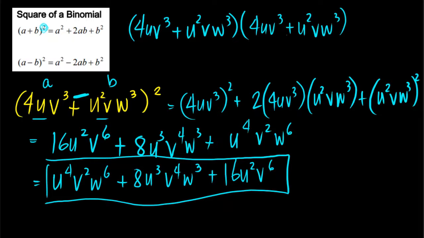Now the next special product is the cube. Similar to squaring, now it's cubing. What if we are asked to answer 3xy squared plus 2yz cubed?